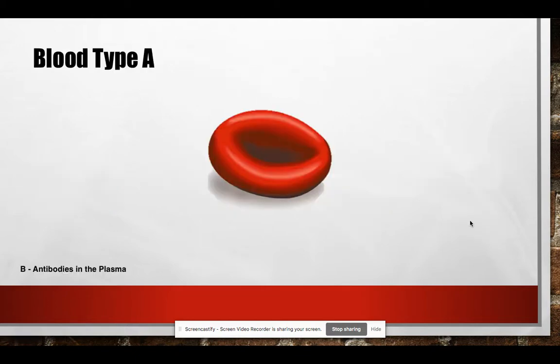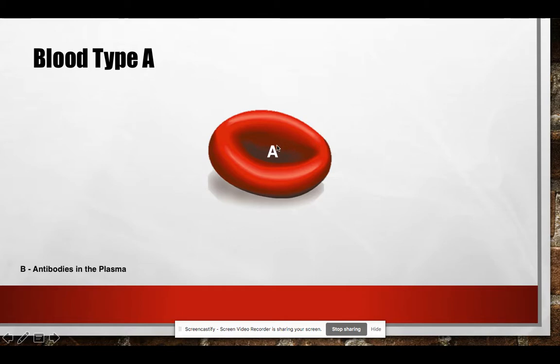Okay. Now, type A blood, like we just talked about, the antigen that will be present is the A antigen on the surface of that red blood cell. But like I talked about, antibodies are going to be floating around in that fluid around my red blood cells. And what's important to know is that whatever is on the surface of my red blood cell, the opposite is going to be present in my plasma.